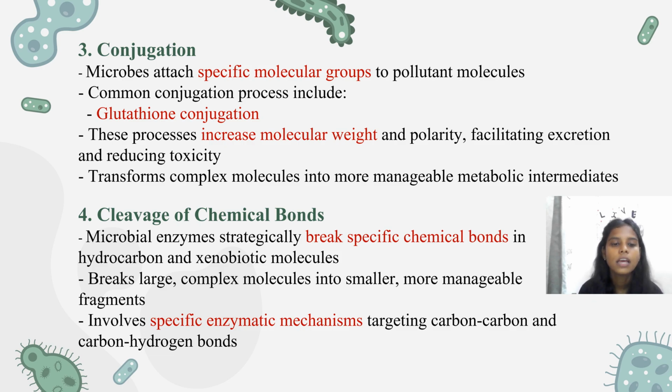And the next is cleavage of chemical bonds. Microbes produce enzymes which strategically break specific chemical bonds present in the hydrocarbon and xenobiotic molecules. This breaks large complex molecules into much smaller molecules, which helps in degradation by enzymatic mechanisms, targeting carbon-carbon and carbon-hydrogen bonds.